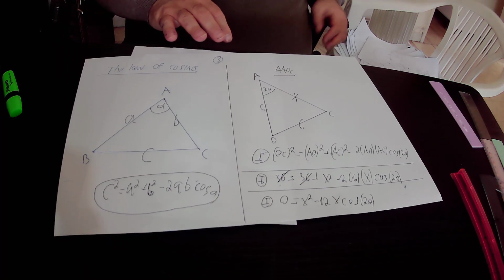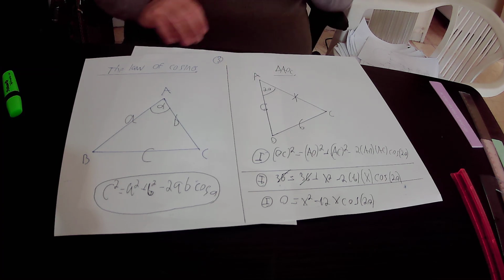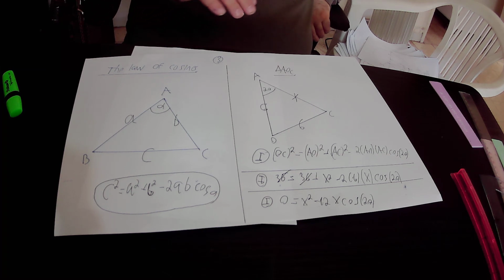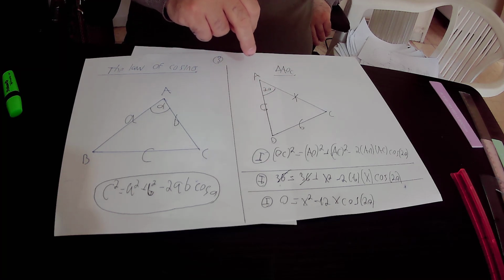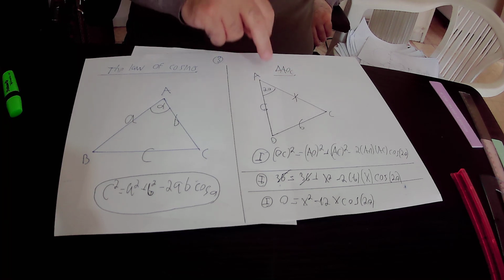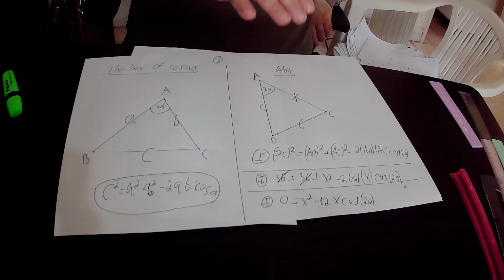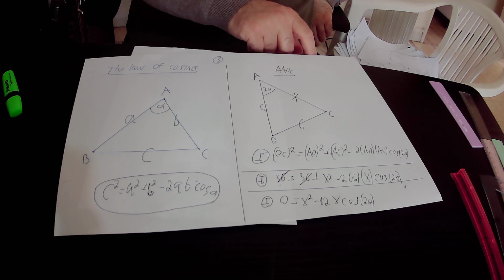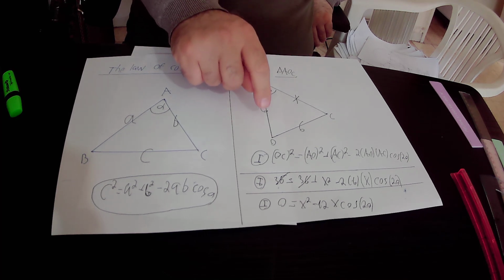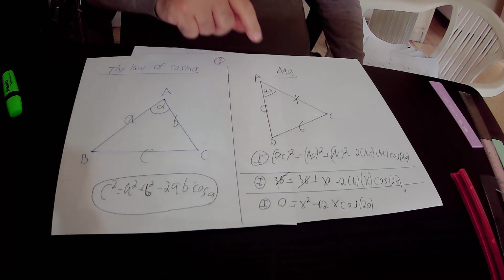Now we implemented the law of cosines in this triangle AOC. According to the law of cosines, OC squared equals AO squared plus AC squared minus 2 times AO times AC times cosine 2 theta. Okay? This is the implementation of the law of cosines in this triangle AOC. OC equals 6, so OC squared is 6 squared, that is 36.